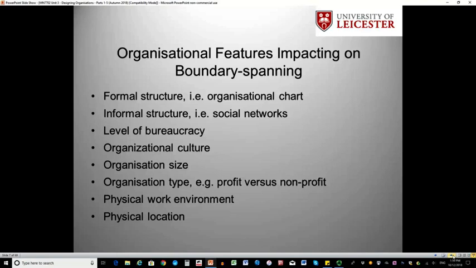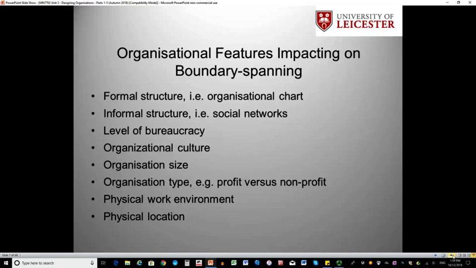So what we see then is the formal structure can have a very positive or negative effect, can either help or hinder the boundary spanning activity within an organisation. So if you have an organisation that has a very rigid hierarchical structure, then you can see how that might reduce boundary spanning between functions, because interactions are vertical rather than horizontal between functions.